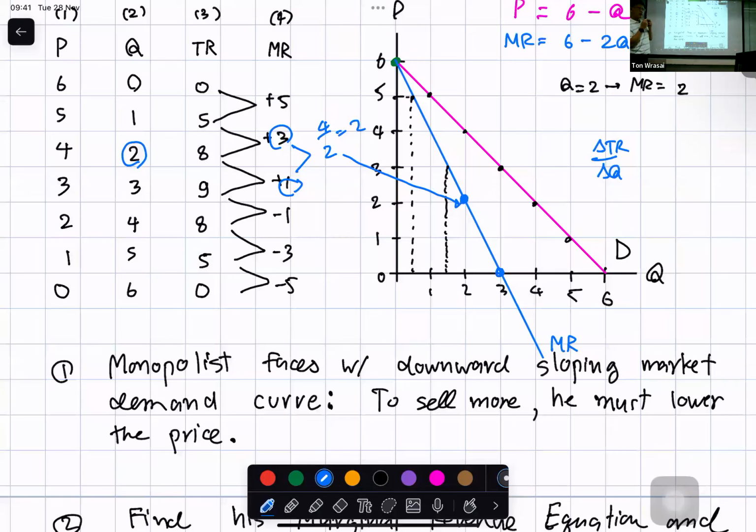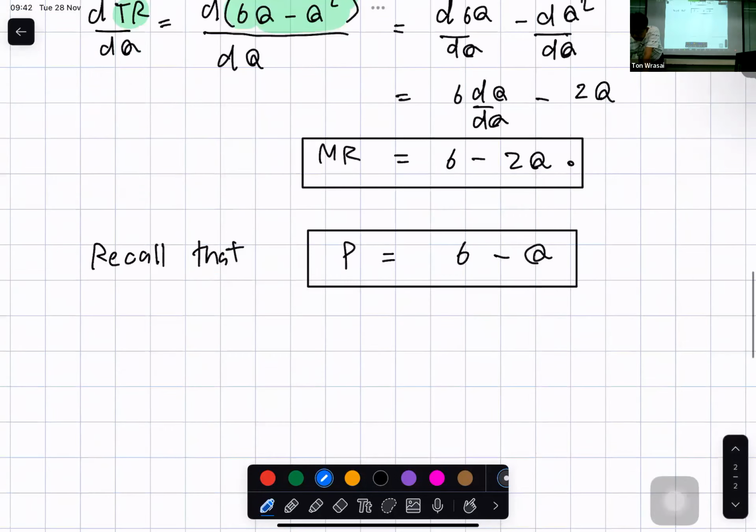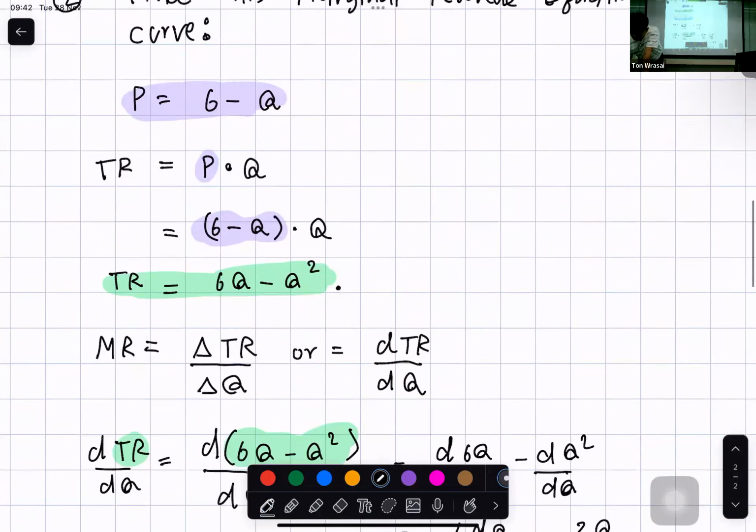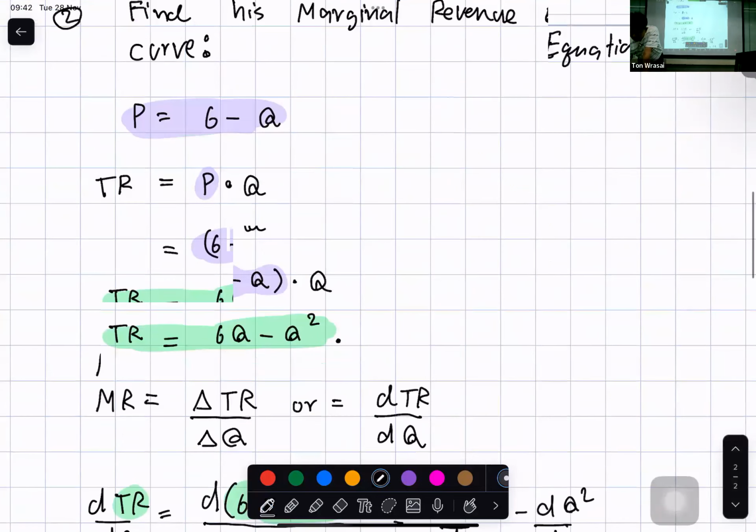We got the marginal revenue curve already. Why do we need this? Because we want to deliver a message.